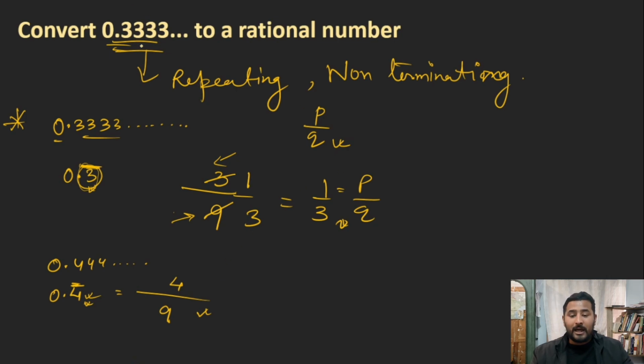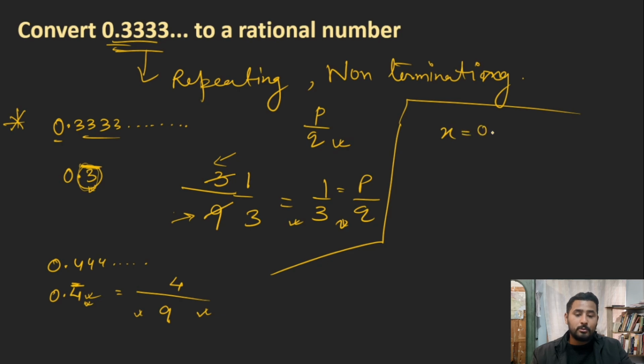So let us see the school method. What we have learned in school, how you will get the same answer. Here you'll get 1 by 3, and you'll get 4 by 9. So let us see how you write. Let us take x equal to 0.333. This is how we did it in our school, right? Let us take this as equation 1. Now multiply equation 1 by 10 on both sides.